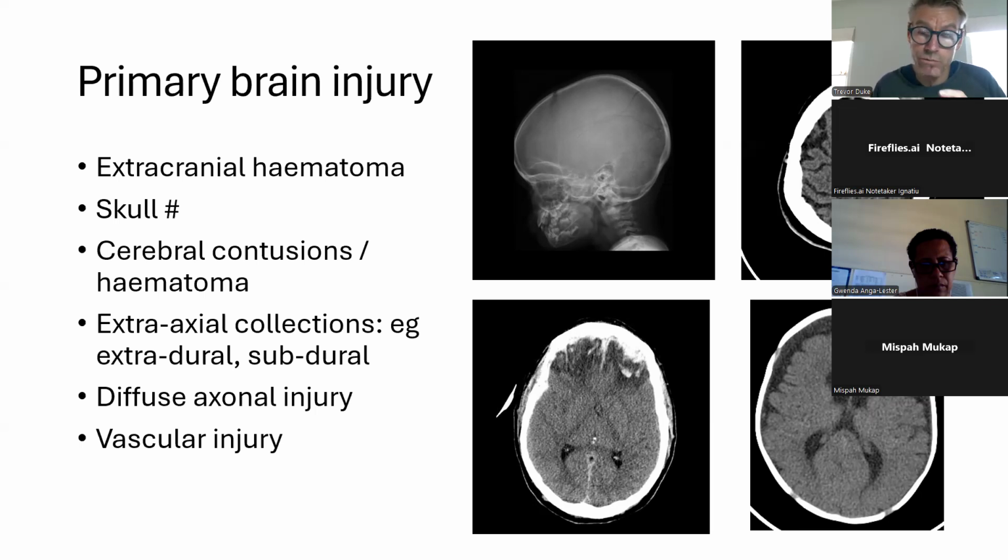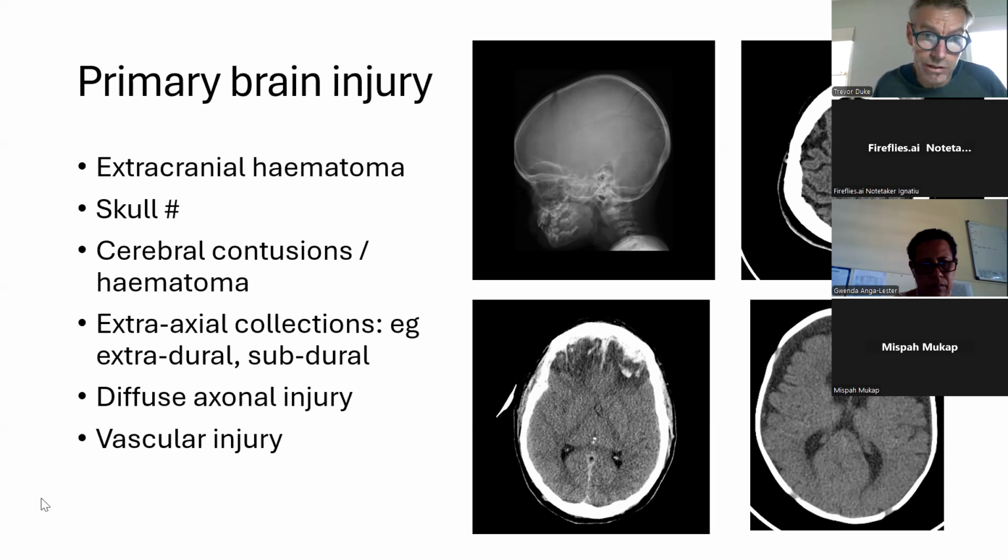That sort of diffuse axonal injury is also common in children who've had what we call an acceleration-deceleration force applied to the head. That is, they've hit a blunt object, such as being hit by a car, and their brain shakes within the cranial vault.